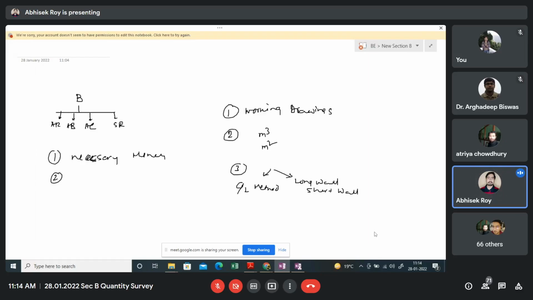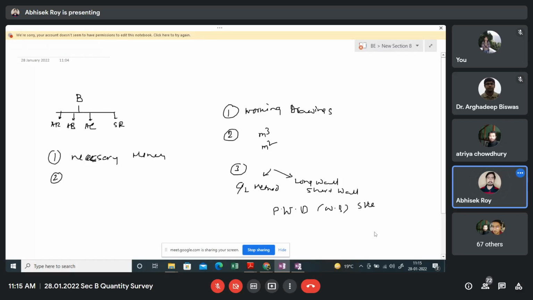Okay, so that we have to do. So once we prepare all these things, then obviously it will be very much easier to calculate the total cost, because after that we have to refer to some schedule of rates. So if you are working in West Bengal, obviously you have to refer to the PWD West Bengal schedule of rates.